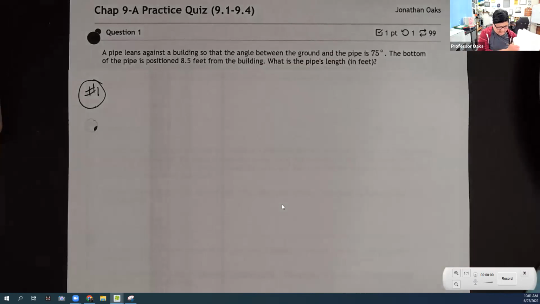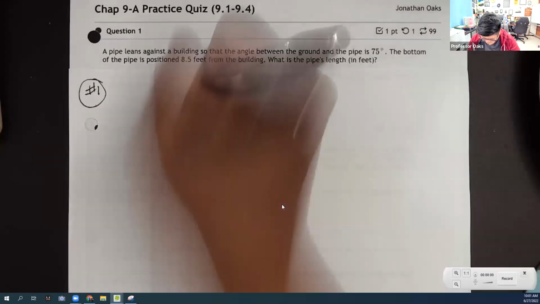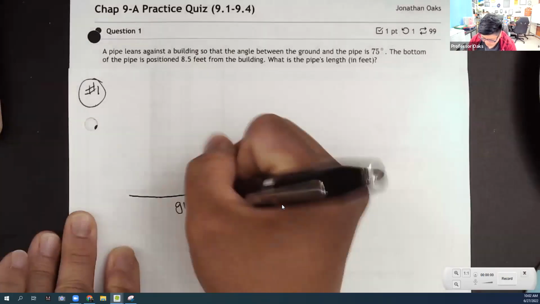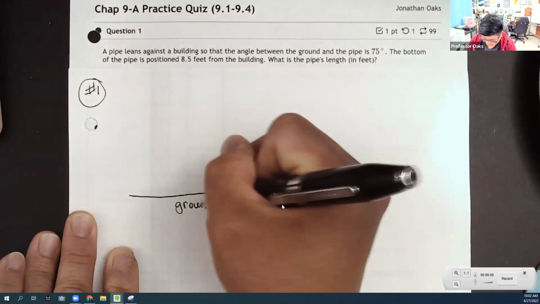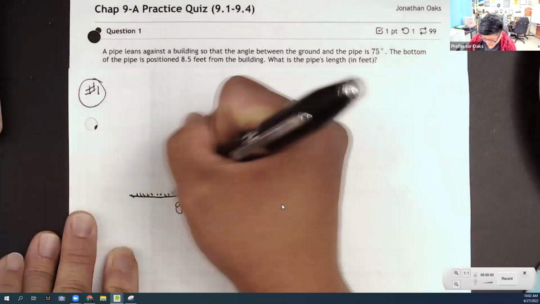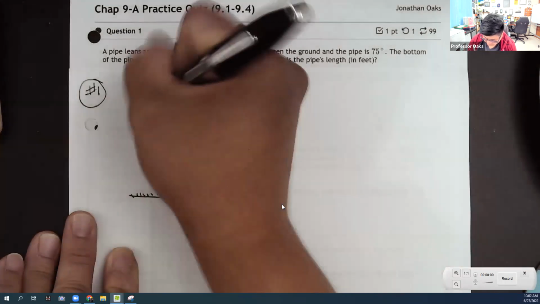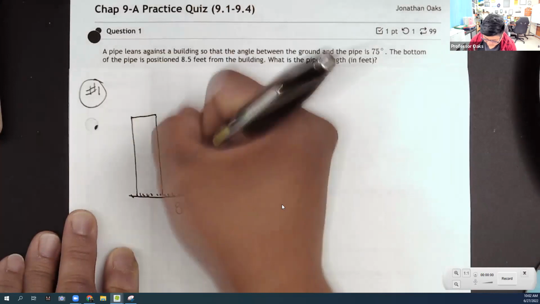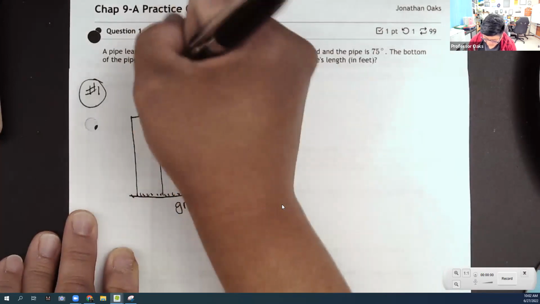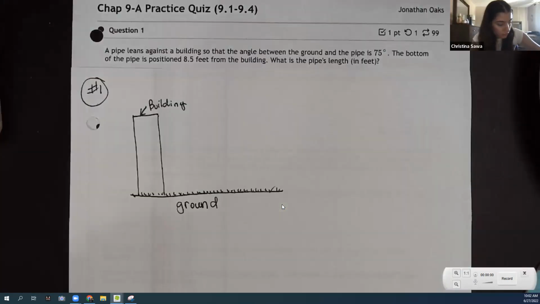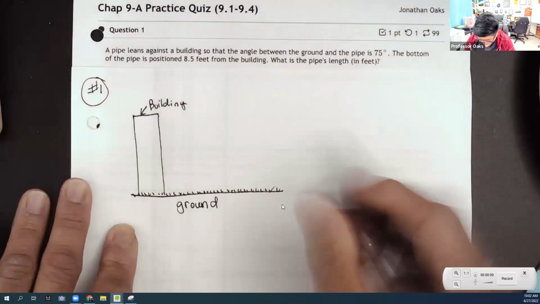Depending on how you look at the world, if you draw this diagram a different way than me or even the book, it would be fine. But this is, say, the ground right here. I'll draw a little bit of grass here, and then the building is right here.